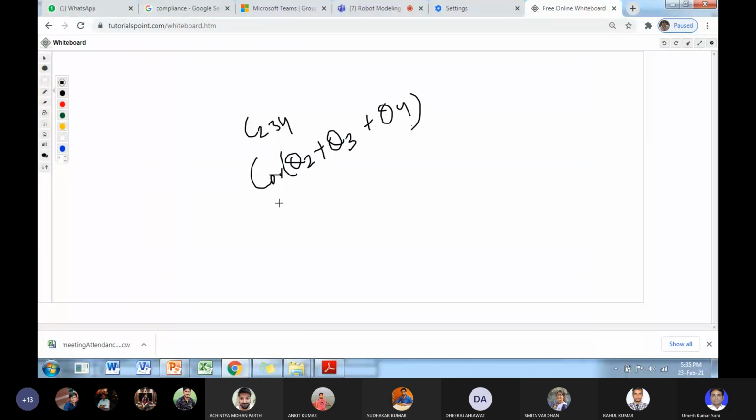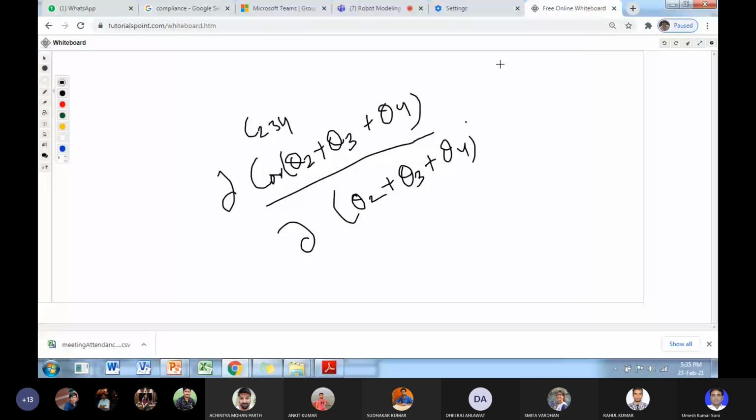Then for the partial derivative, take the partial derivative of this with respect to theta 2 plus theta 3 plus theta 4, and then the partial derivative of theta 2 plus theta 3 plus theta 4 with respect to theta 2.